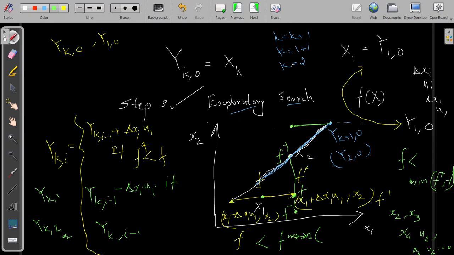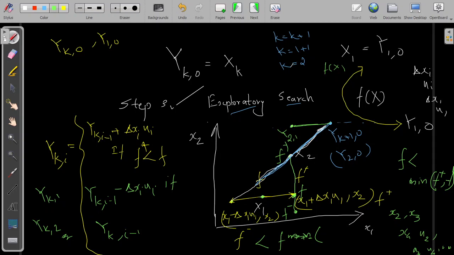That means this will be yk, that is y21 will be here. Then we will evaluate the objective function f of x here and apply these conditions, so that we fix y21 here.